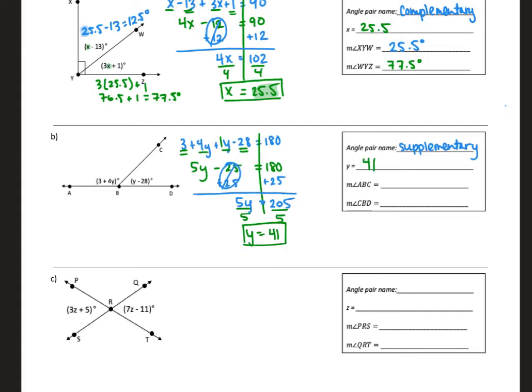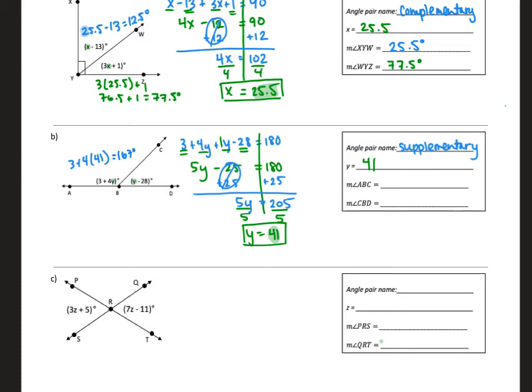All right, so now once we have that, what we need to do is plug in 41 for y to solve for the measure of each angle. Starting with the angle on the left, which is angle ABC, it's going to be 3 plus 4, and then in parentheses, 41. So 3 plus 4 times 41, you get 167 degrees.